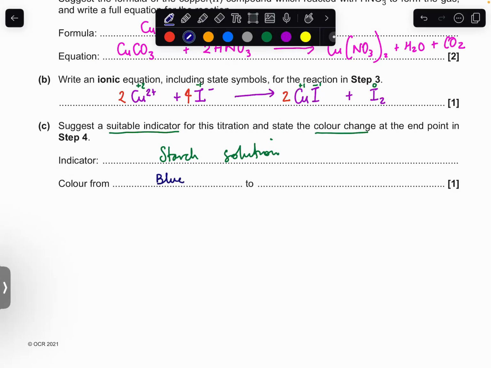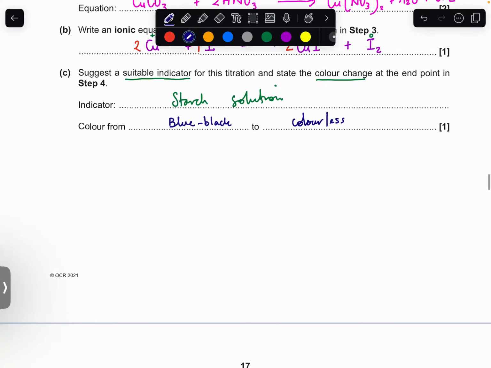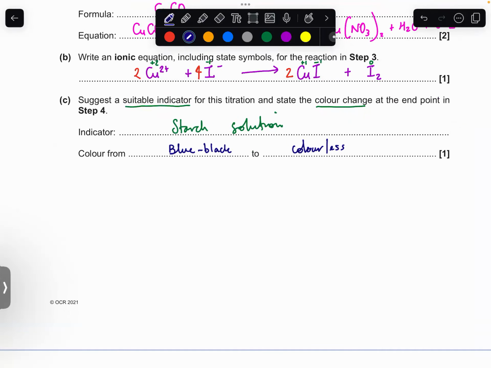What does the mark scheme allow? Yeah, it allows for blue. They're actually referring to it as a blue-black solution, but blue is acceptable, dark blue, and it goes to colorless. If you've done this experiment, the end point is very easy to determine, unlike other indicators in acid-base titrations.